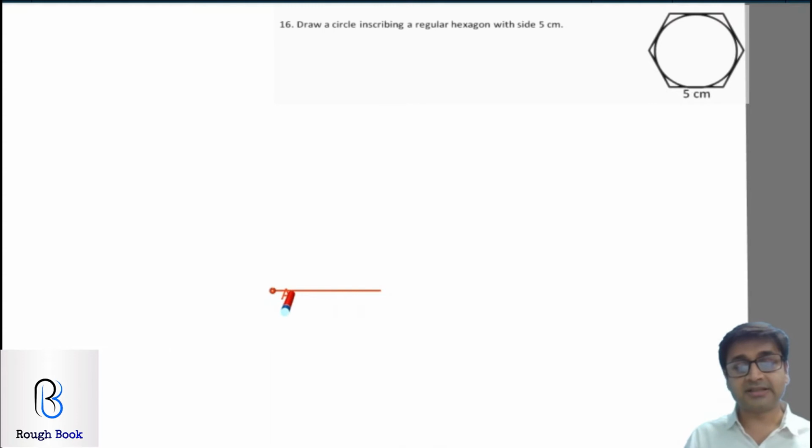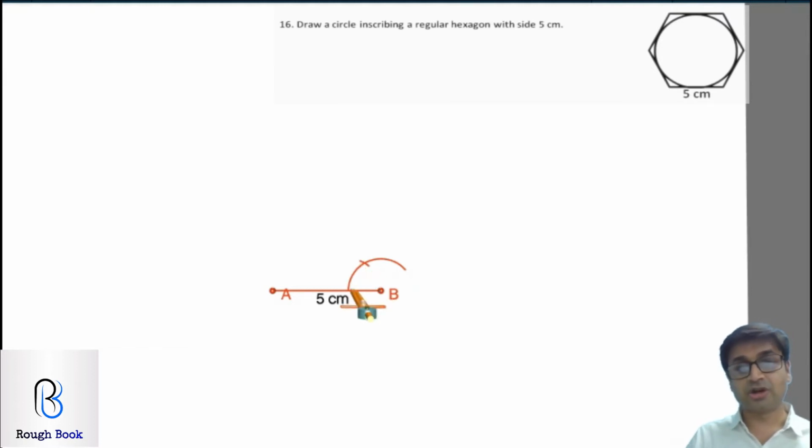So I've drawn my base AB 5 centimeters, and then from A I'm going to cut an arc of 120 degrees, from B also, and get your 120 degrees. So keeping your compass on A, cutting 120 degrees, and from B also 120 degrees, I am going to get my first 120 degree. I hope you know how to get 120 by now. I need not explain this to you.